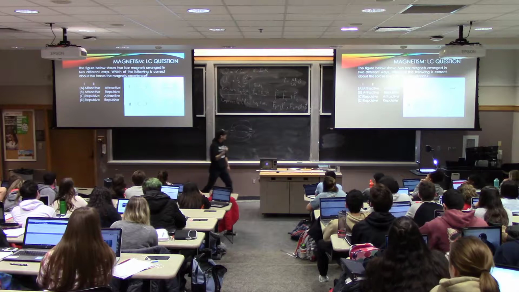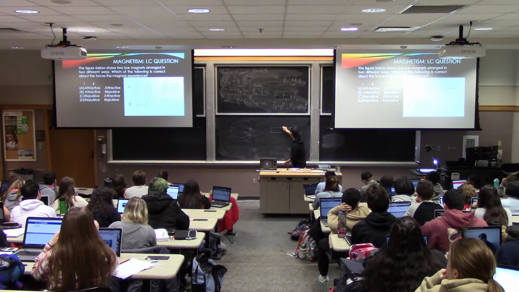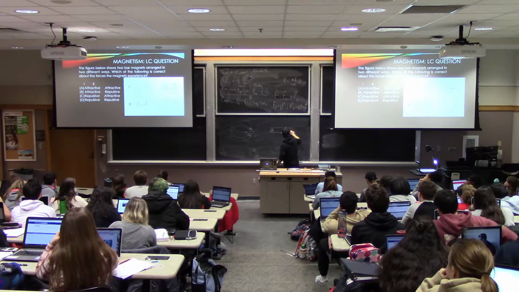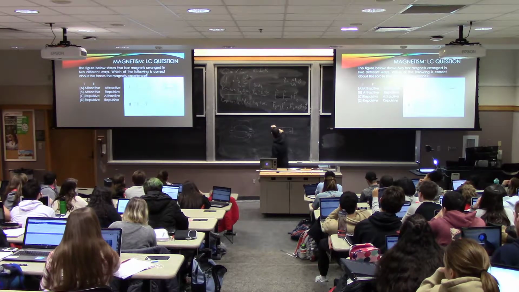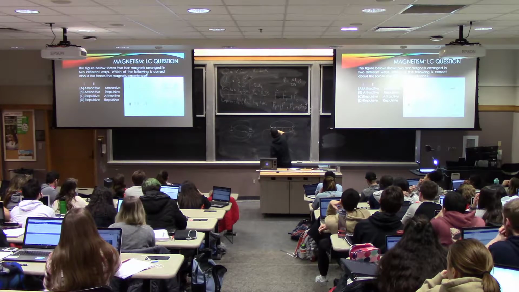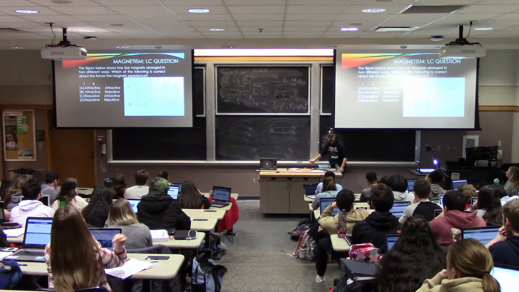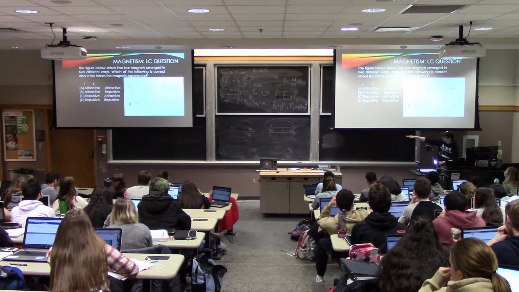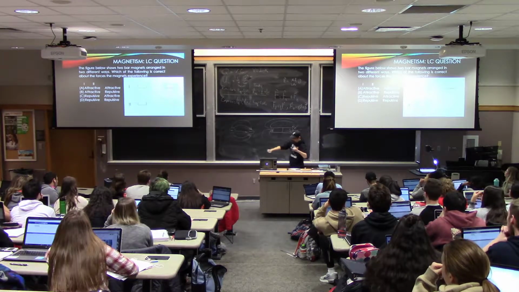Now, if we have a bar magnet and we wanted to draw what the magnetic field lines look like, if this is the north side and this is the south side, these magnetic field lines look almost exactly the same. So they'll go from north to south, like this. Let's put another short one in there, like that.